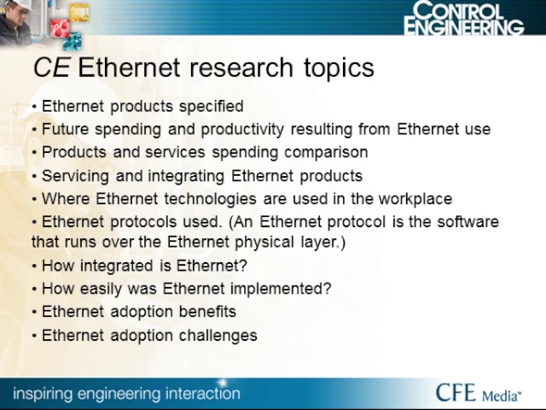The Ethernet portion of the survey covered products specified, future spending and productivity resulting from Ethernet use, products and services, servicing and integrating, where Ethernet technologies are used in the workplace, Ethernet protocols, how integrated Ethernet is, how easily it was implemented, Ethernet adoption benefits, and Ethernet adoption challenges.